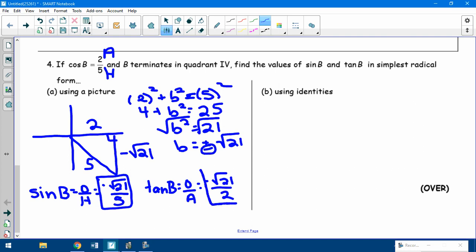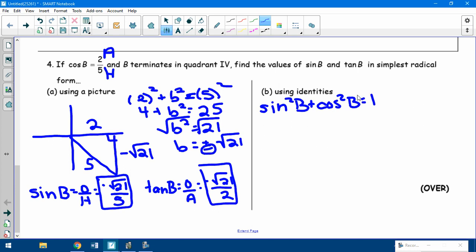And both of those are simplest radical form because it can't be broken down any further, and there's no radical on the bottom. Good. Using identities, if I have cosine and I want to find sine, that's sine squared plus cosine squared equals 1. And this is technically sine squared b plus cosine squared b equals 1.